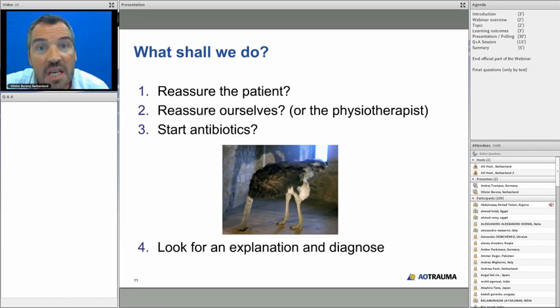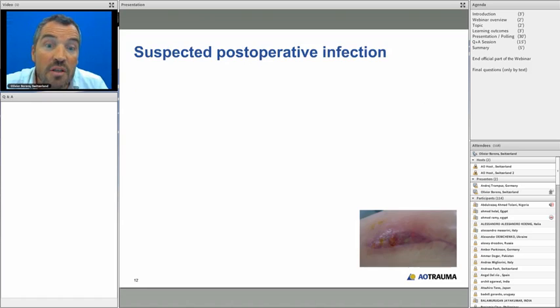Because if there is redness after an osteosynthesis, if there are even subtle signs of an infection, we have to look for an explanation. We have to know why the wound is red. We have to go for a diagnosis in order to be able to help our patient and to have afterwards a good result for our patient.